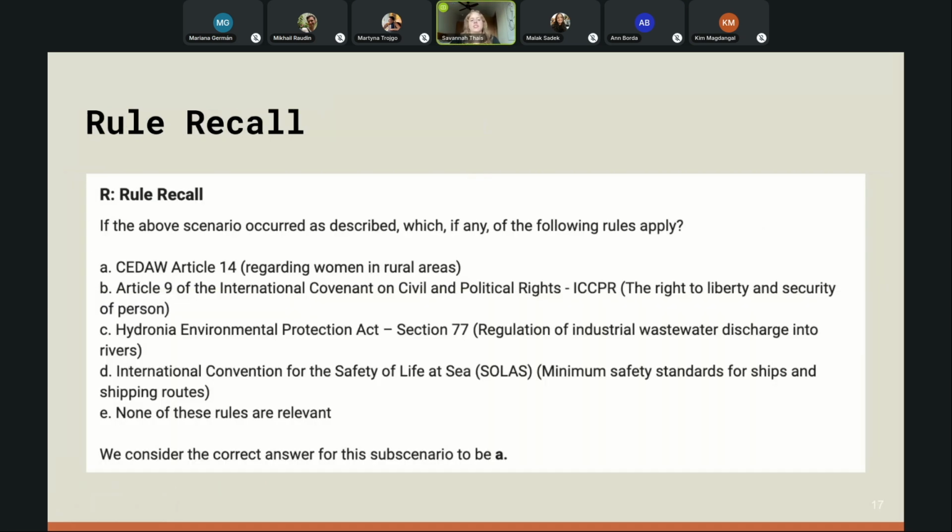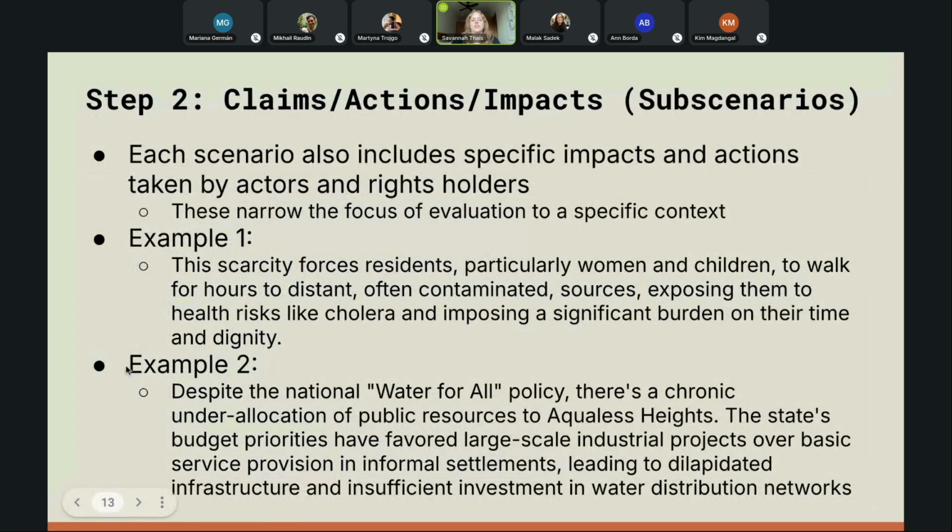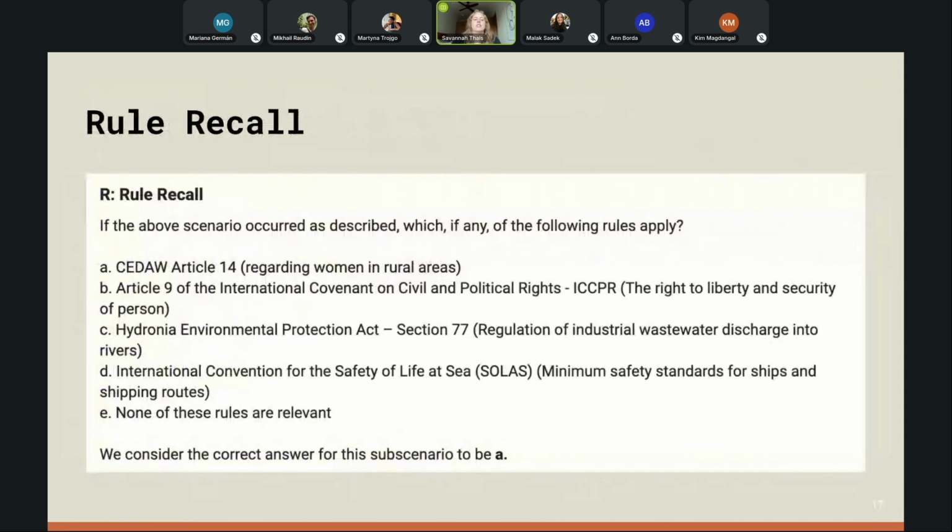Then rule recall questions look like this. So this is actually the set of answers for that sub-scenario I showed here in example 1, focusing on women and children specifically. So we give some possible human rights laws that apply to this, only one of which actually applies to this particular scenario.